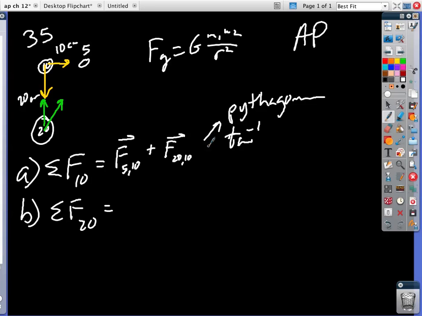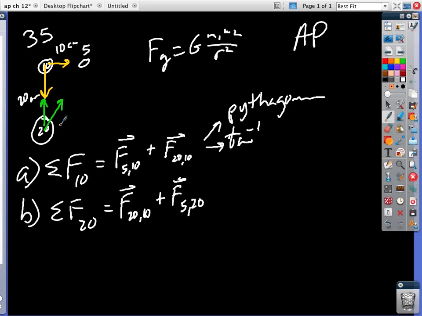If you use the same logic right here, the vector 20 on 10 is easy, but the vector 5, well, I guess it should have been 10 on 20, but whatever. 5 on 20, that one you have to break up into its two components, because part of it is this, but part of it's also that up as well. So you break them into components, then same thing, Pythagorean and inverse tangent. Is that making sense to everyone? So the hypotenuse is the final result?